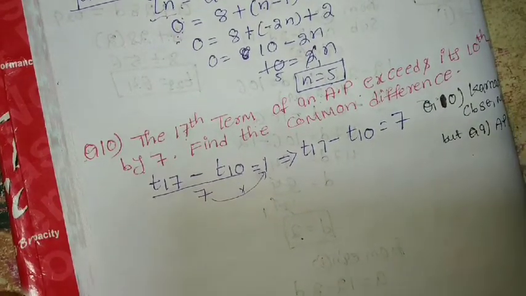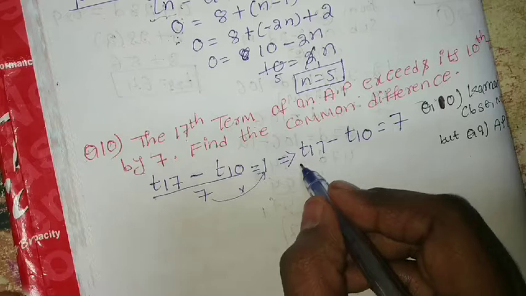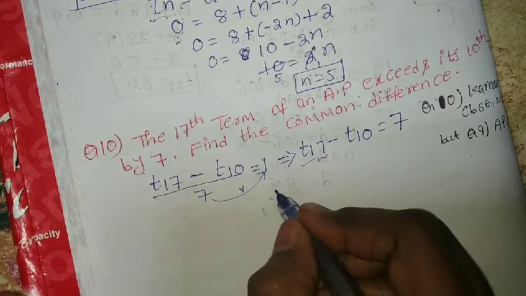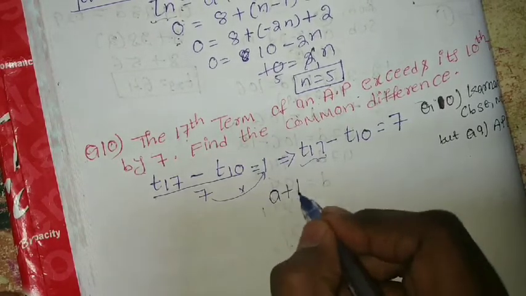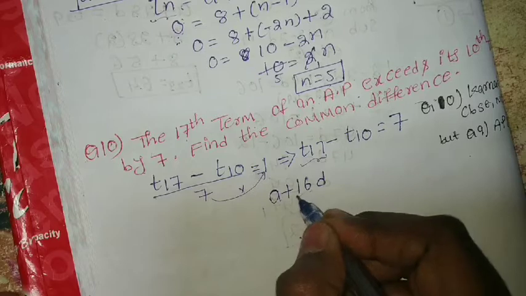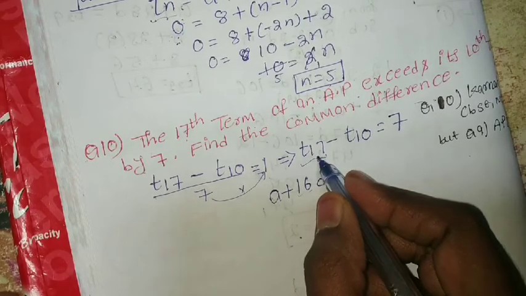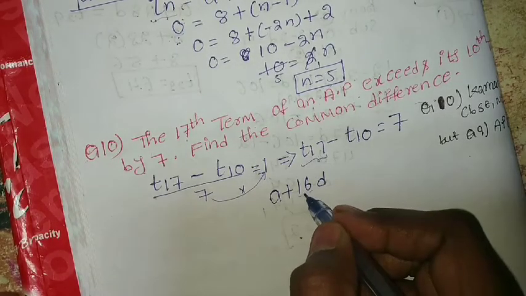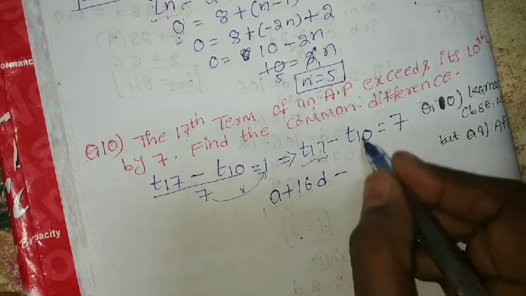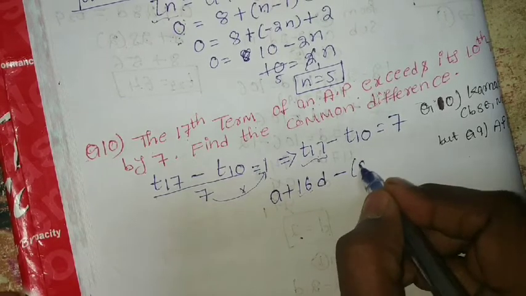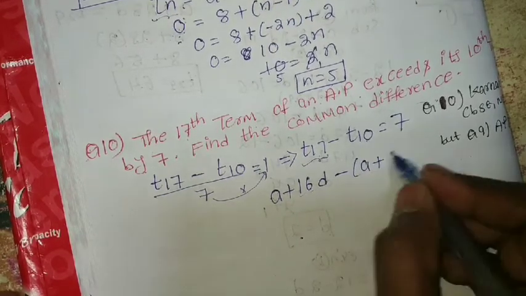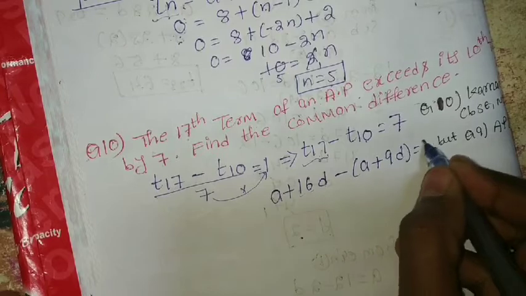So what is the formula of term 17? Already we know it: A plus 16D. Why did we write 16 here? Because the preceding number of 17 is 16. Minus, what is T10? A plus 9D, the preceding number of 10 is 9, is equal to 7.